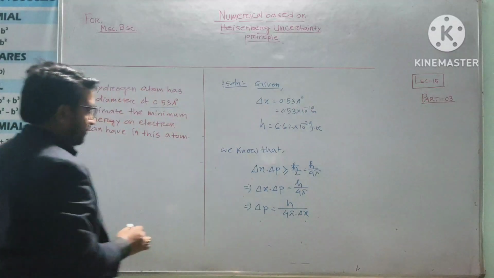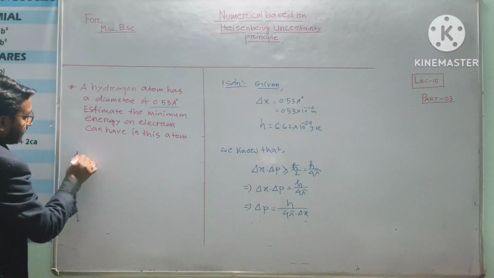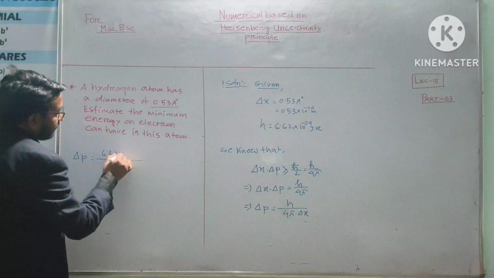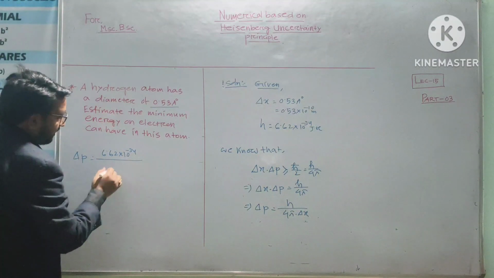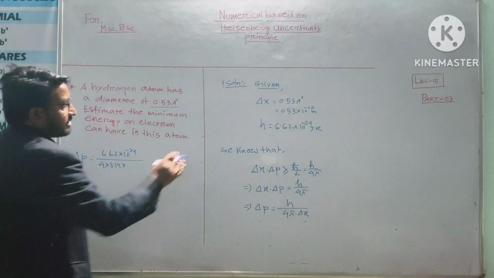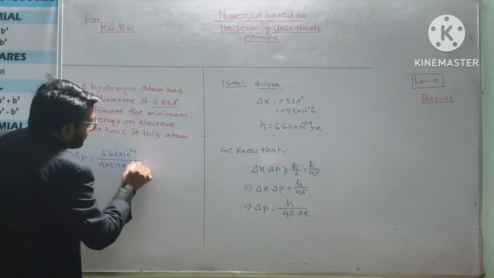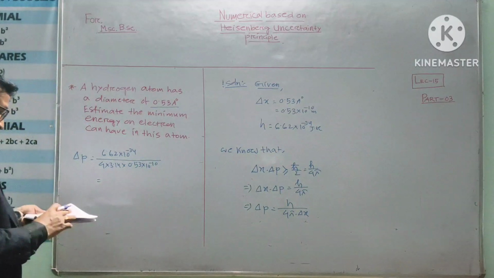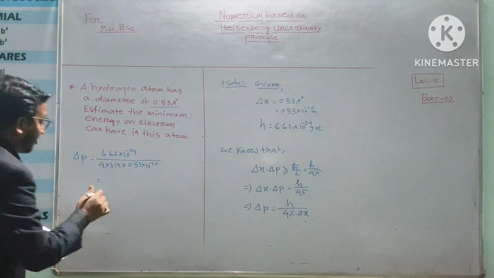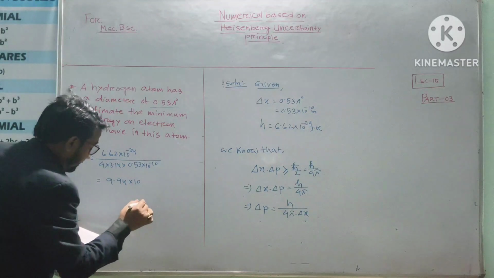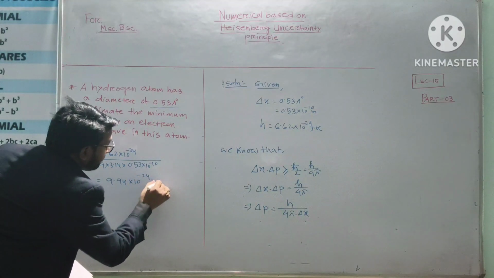Now delta p equals 6.62 × 10^-34 divided by 4 times 3.14 times delta x, which is 0.53 × 10^-10. After solving this part, we get 9.94 × 10^-24 kg meter per second.